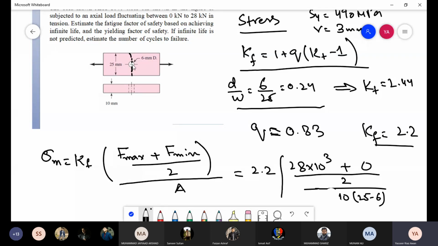So this is 25 minus 6, you get this length, and thickness is 10. So this would give you the value of mean stress, that is equal to 162.1 megapascal.